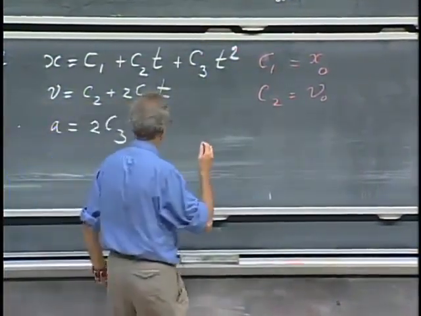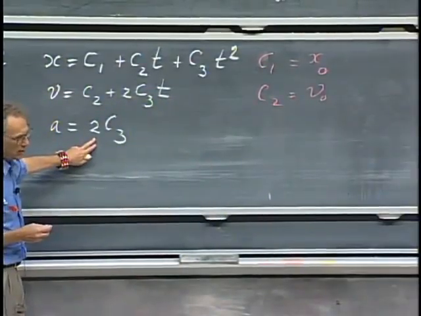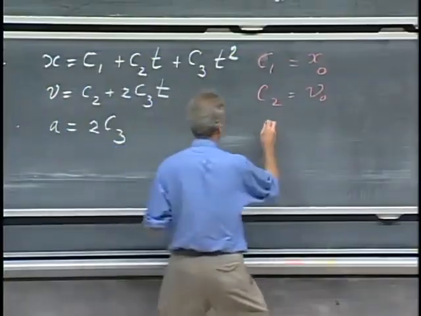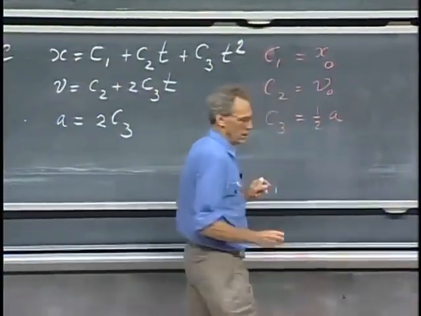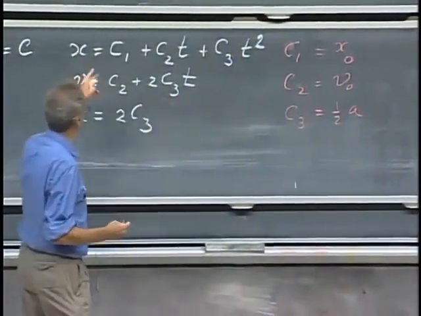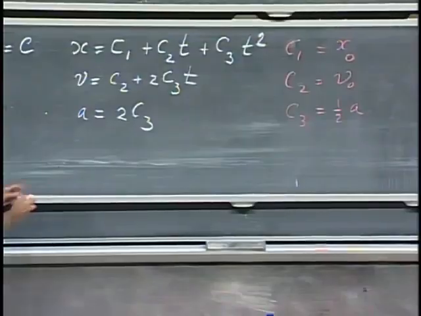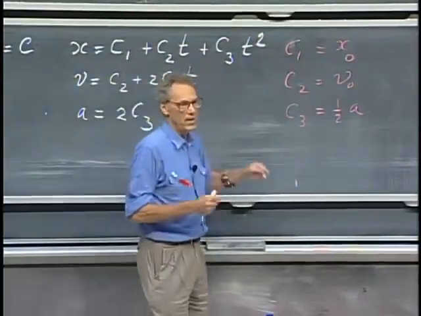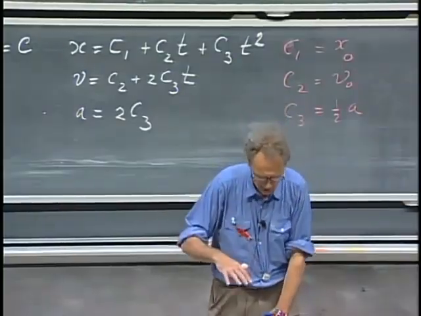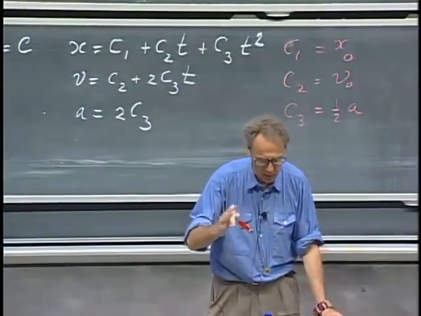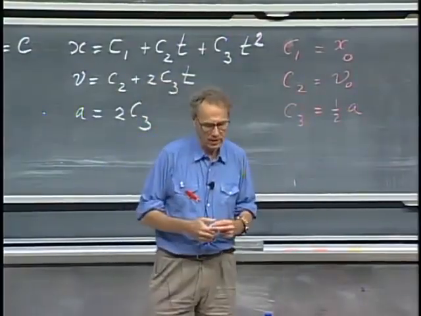And the acceleration is not changing with time, is 2c3, therefore c3 is half the acceleration. So this gives you some insight in the meaning of these quantities, and you can see, you can read now some physics in there. c1, c2, and c3 can independently be either 0, or larger than 0, or negative. Makes no difference. Each one of these combinations is a valid possibility in physics.